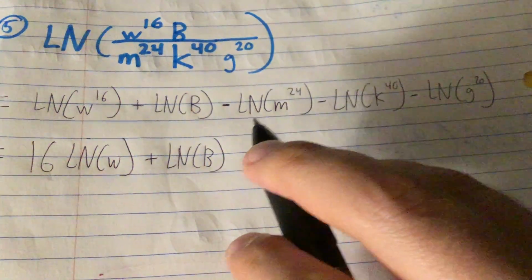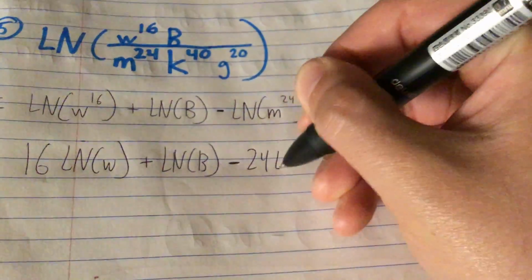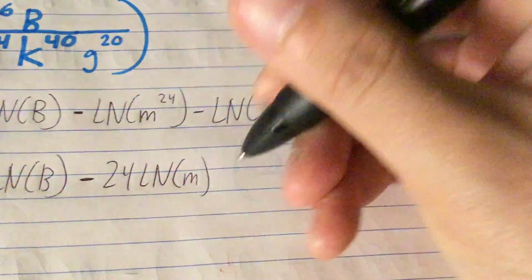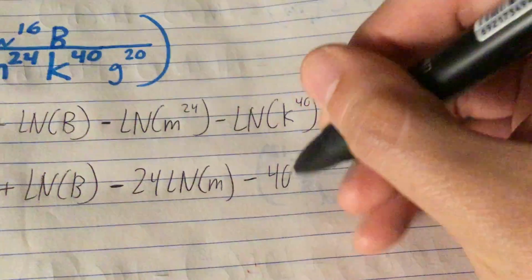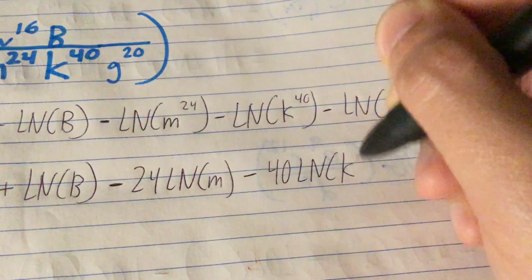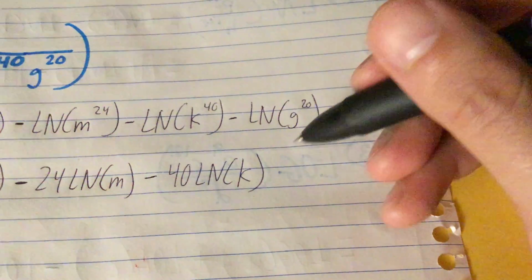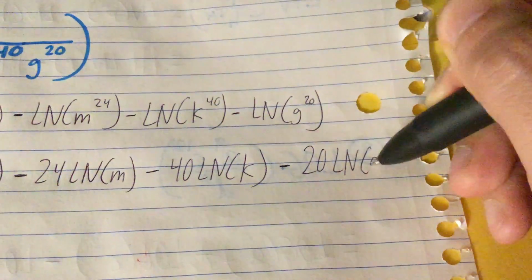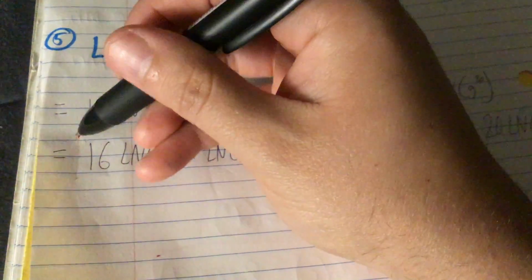There's an exponent, minus ln of m to the 24th, so that's going to be minus 24 natural log of m, minus natural log of k to the 40th, so that's going to be minus 40 natural log of k. And finally, minus ln of g to the 20th, that can be expanded with the power factor rule by doing minus 20 natural log of g. So that is how you fully expand a logarithm.